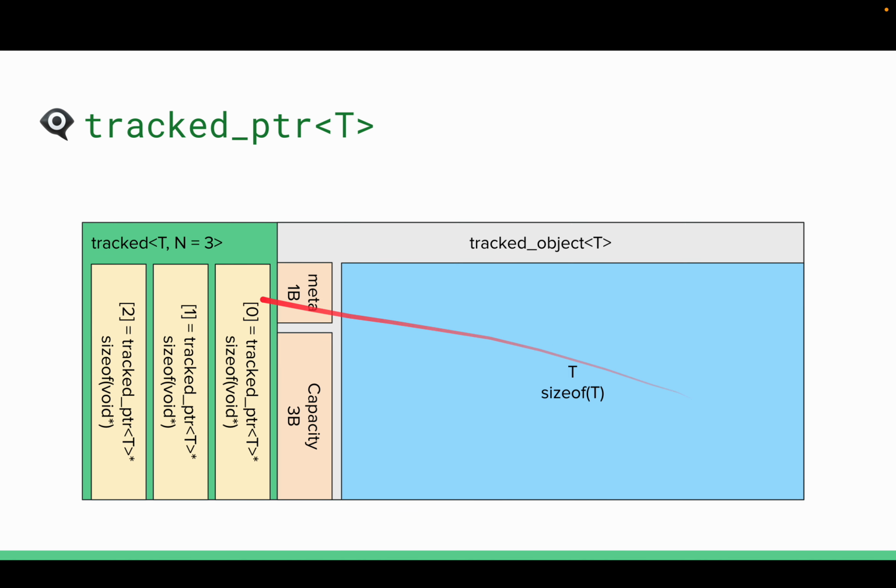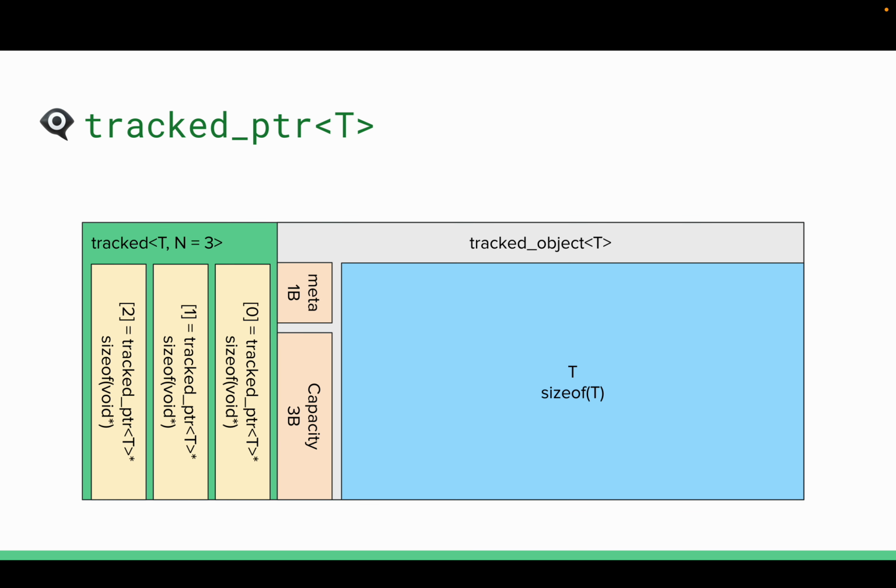So the memory for it is stored within the tracked object, aligned appropriately. There is 1 word or 4 bytes worth of information that is also added to tracked for your object. Inside of this is another thing called a tracked object, which includes some metadata and a 3-byte capacity.